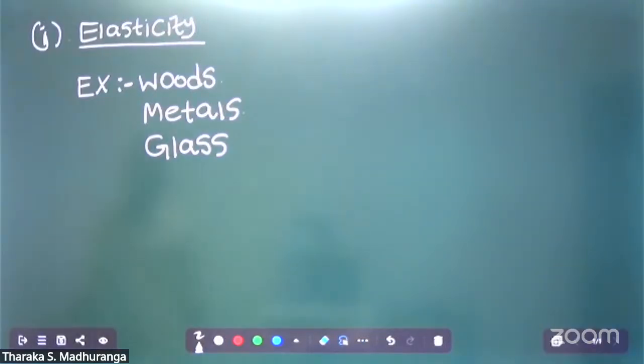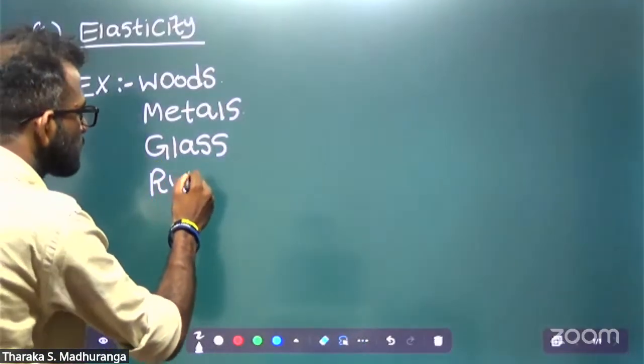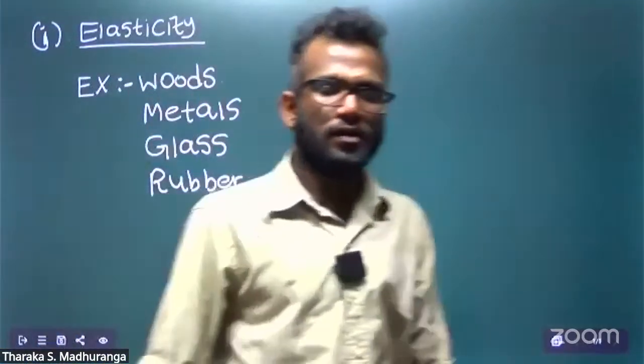Okay, metals, woods, and rubber. Rubber is a main elastic object, natural rubber. They are the main ones.